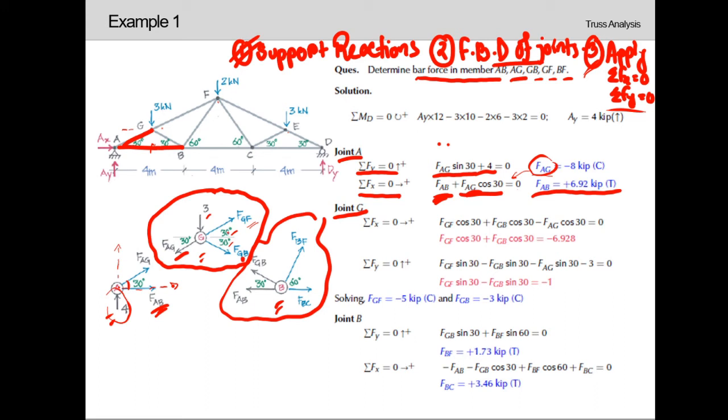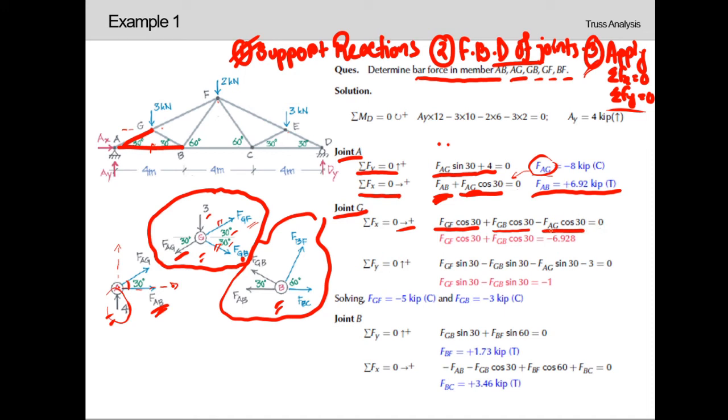So FGF cos 30 for this component, and for this FGB there will also be a cos component which will be acting along the horizontal direction, so FGB cos 30. And now similarly this FAG will also be having a horizontal component, its cos component, so FAG cos 30, but it is acting in left direction. We have considered right as positive, so minus FAG cos 30 will be equal to 0.